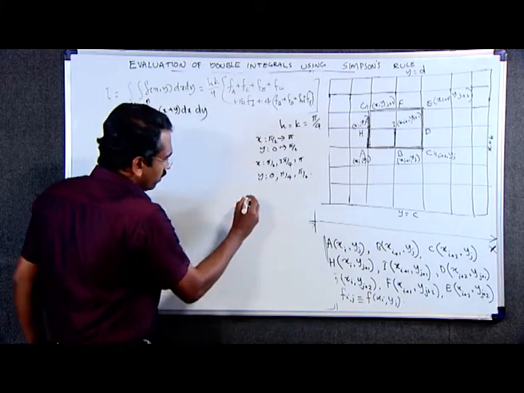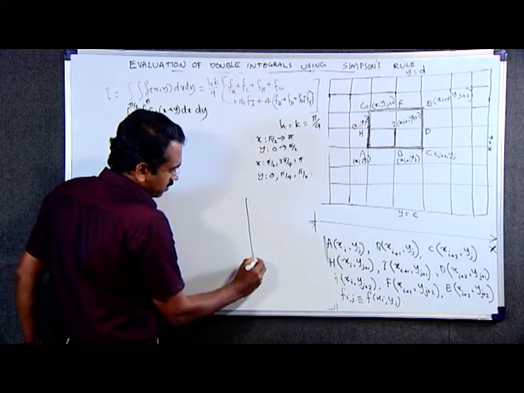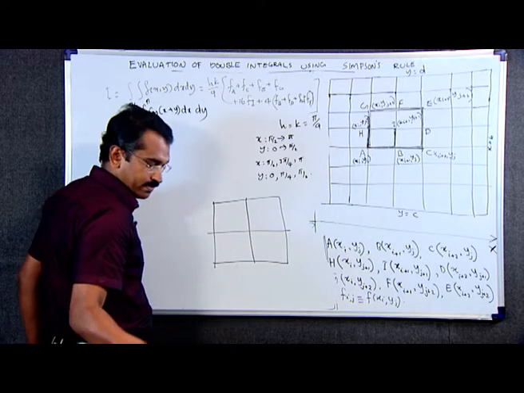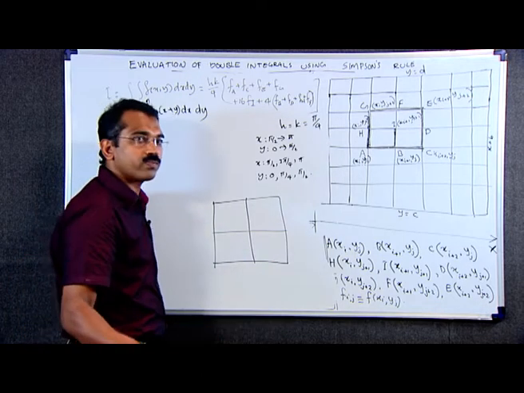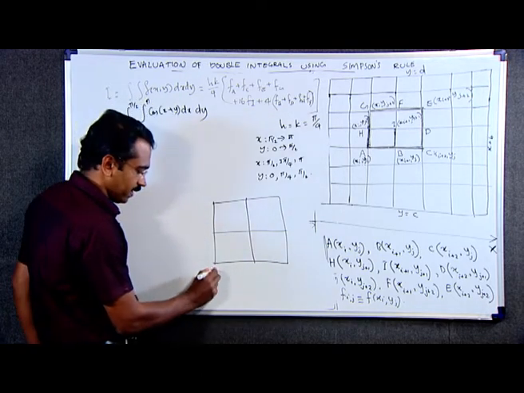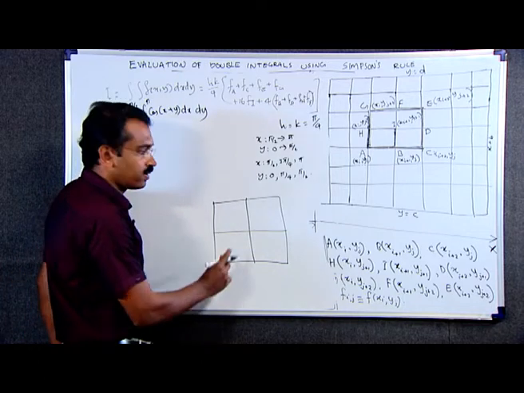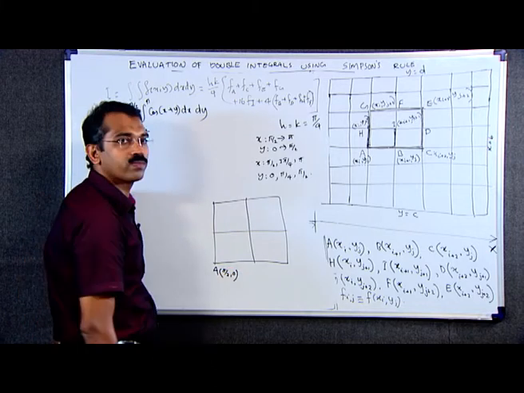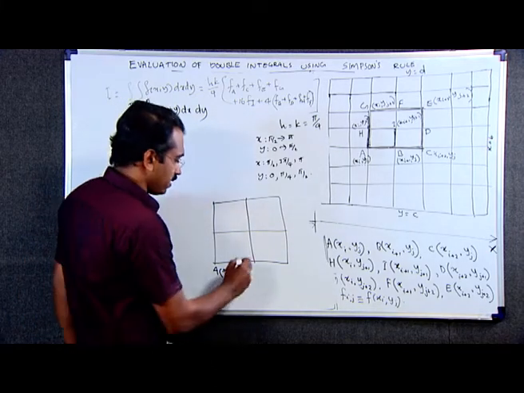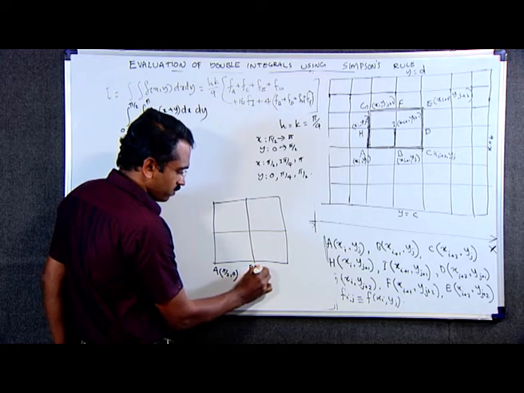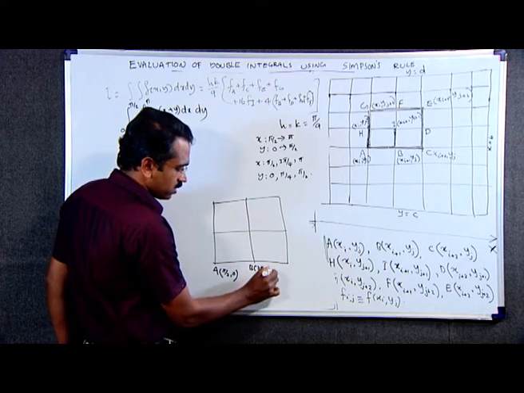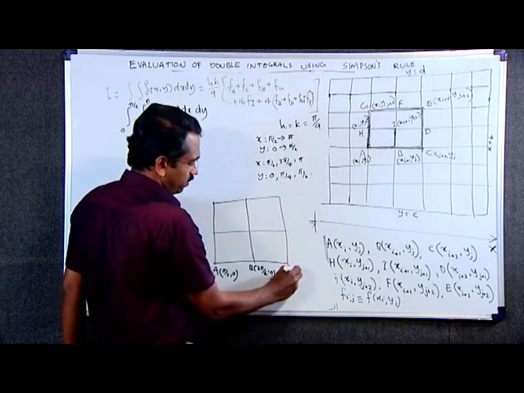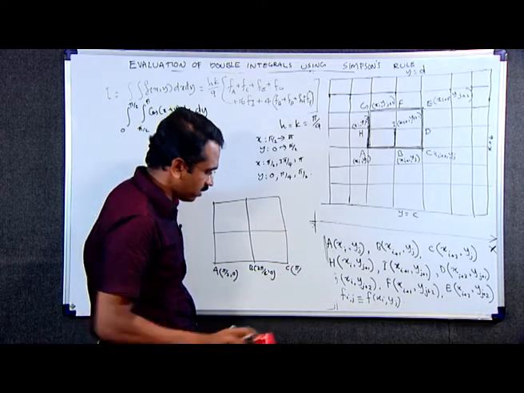Now, we draw the rectangles like this. Here the point A is the point pi by 2 comma 0. B is the point 3 pi by 4 comma 0, and C is the point pi comma 0.